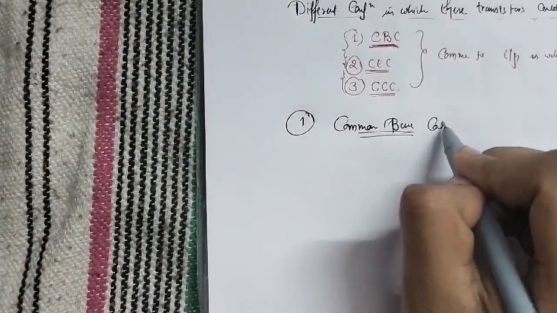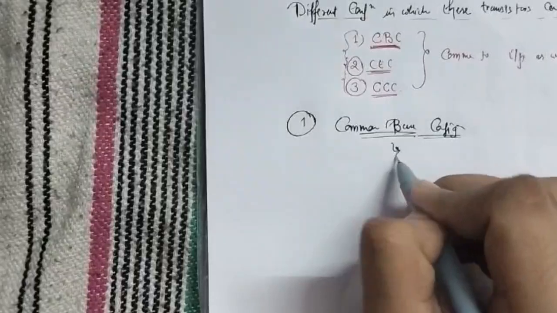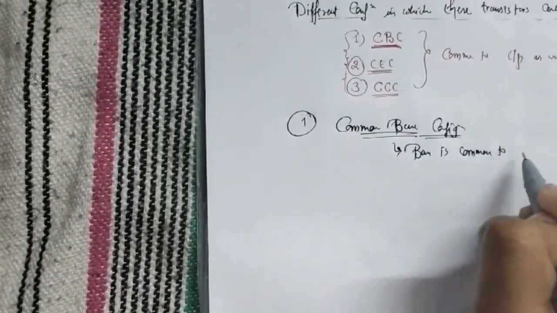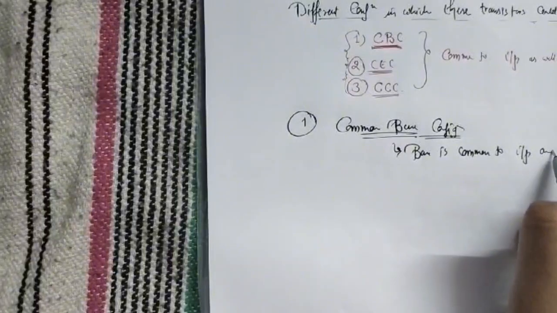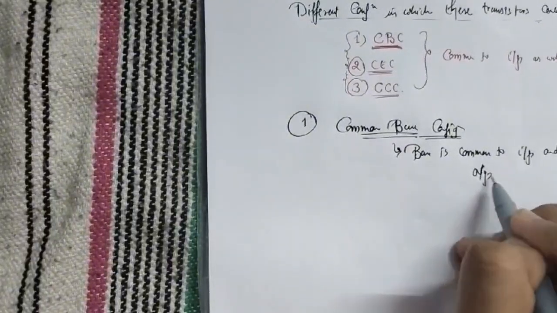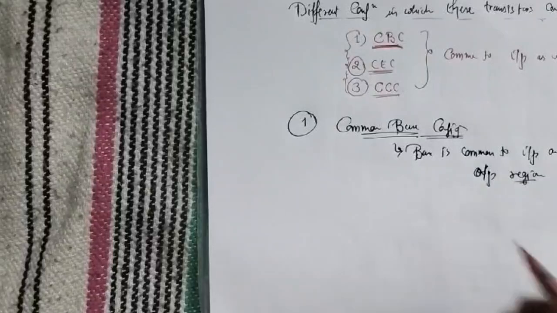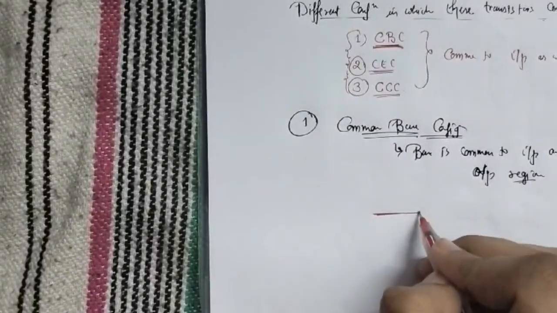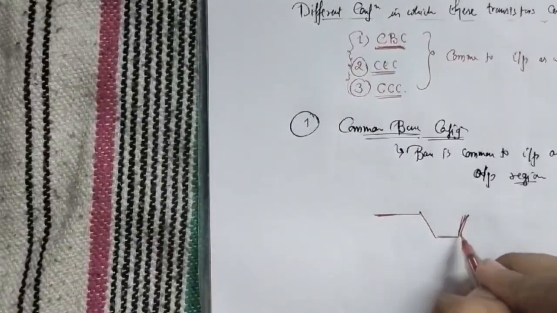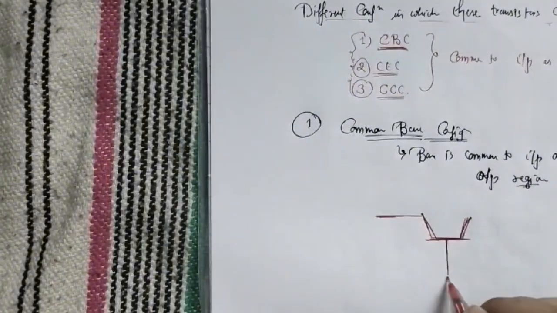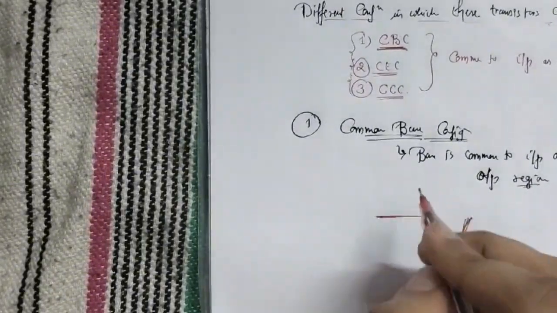Common base configuration. Here base is common to input and output region. Now we will draw the diagram to illustrate this. So here it is the symbol of bipolar junction transistor. Here it is the base. Here we have emitter.